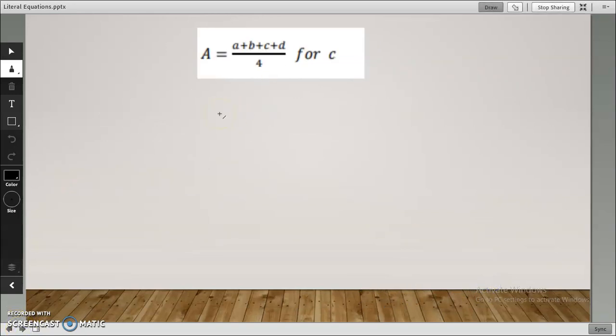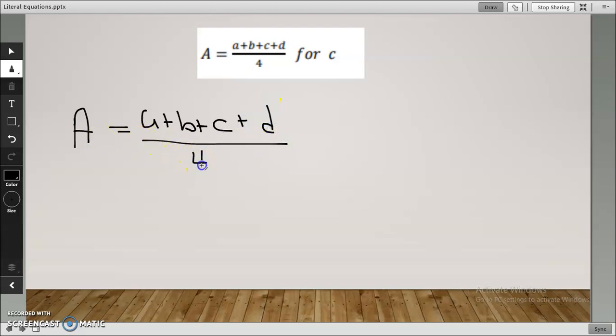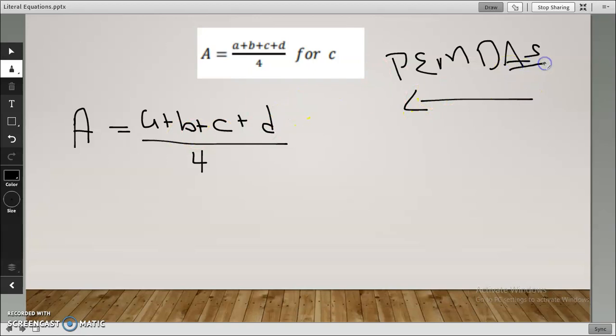All right, the next one we have capital A equals a plus b plus c plus d over 4. So remember, you would say, hey, I am adding and subtracting.